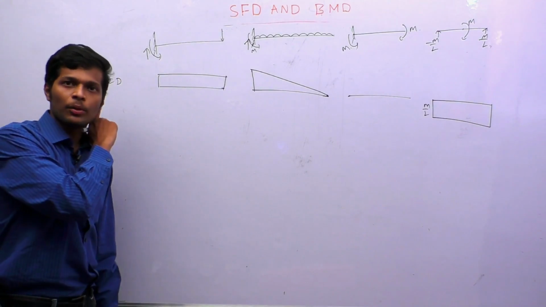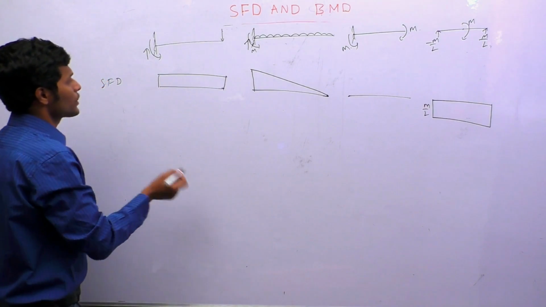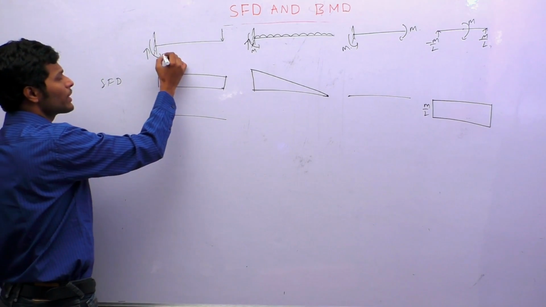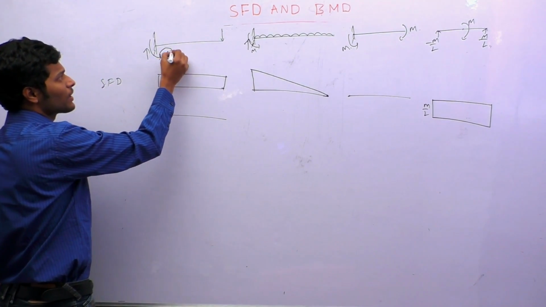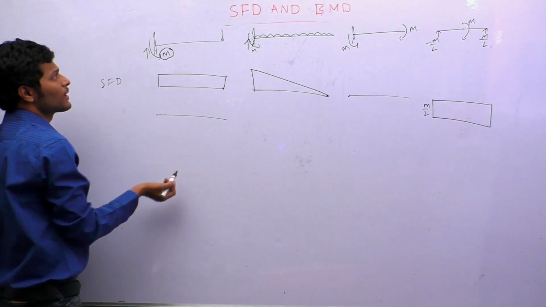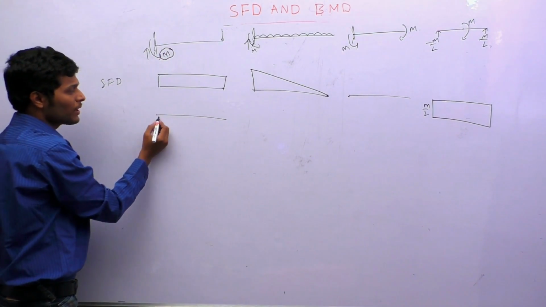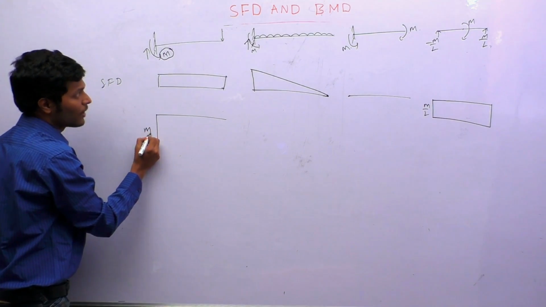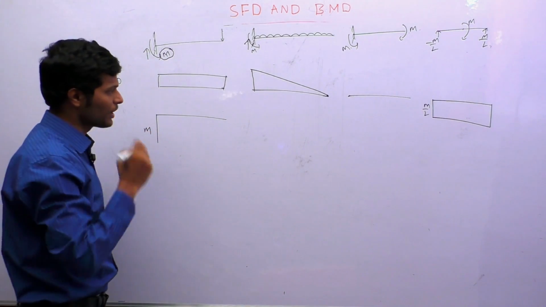Now we will draw the bending moment diagrams for this. We have to start from left to right as I said. Here we can see there is a moment. Generally I draw the moment on this side, so we get a vertical line of whatever the value of M. Reaction we need not find.